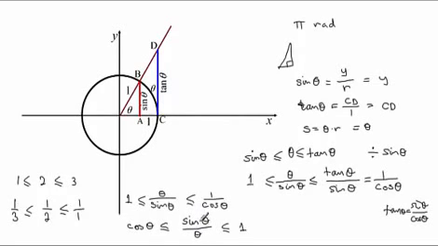X and theta are not really different, they are both real numbers, so that's fine. Then we can calculate the limit of this expression. So this is what we're going to do now. We have sine theta over theta less than or equal to 1, and less than or equal to cos theta.